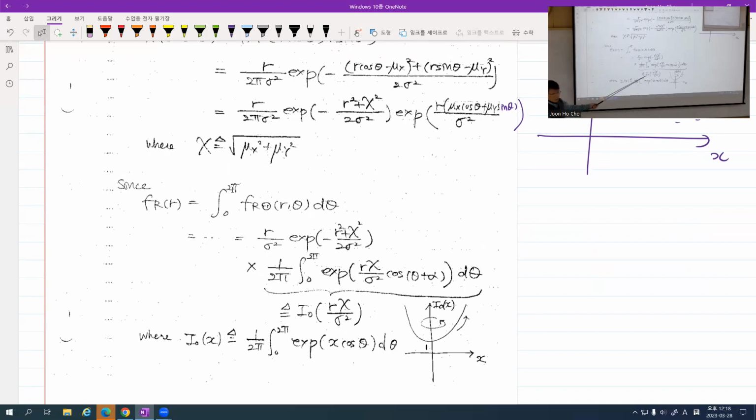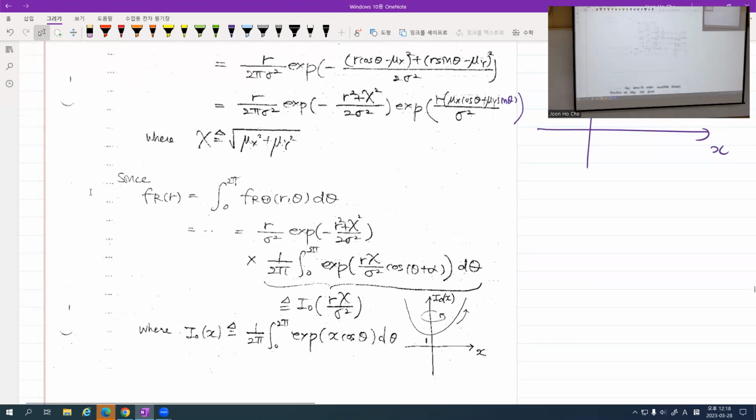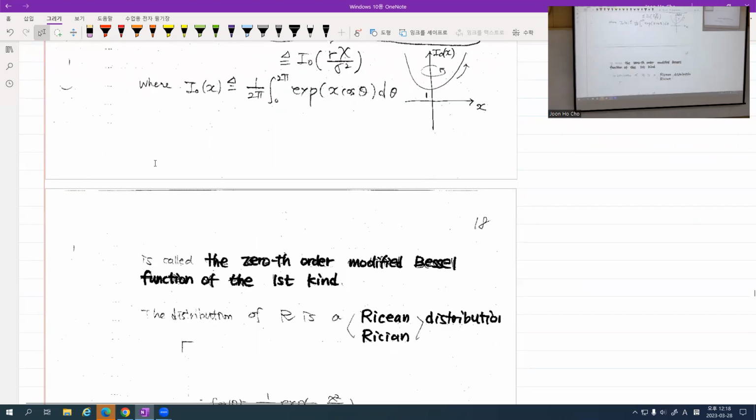As you've seen, if I remember, it is the modified Bessel function of the first kind, zeroth order. So here goes the zeroth order modified Bessel function. We use I instead of some other alphabet like J, and first kind.